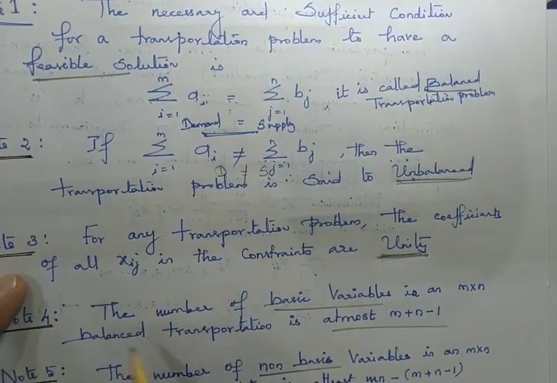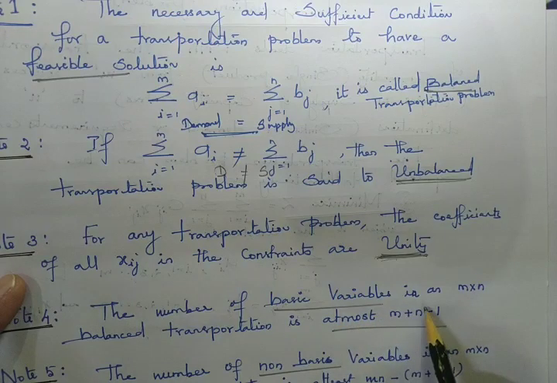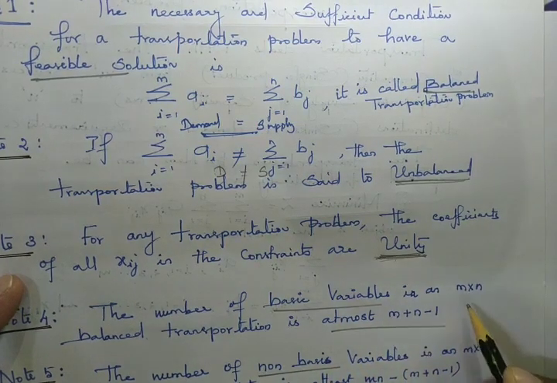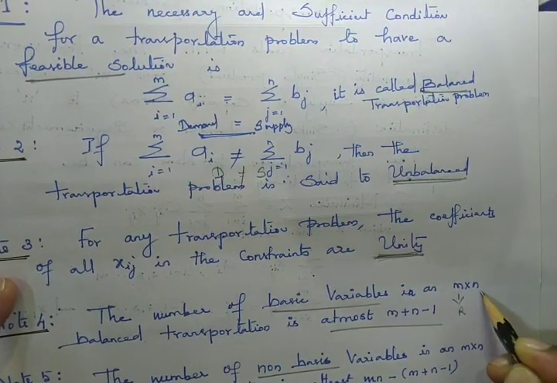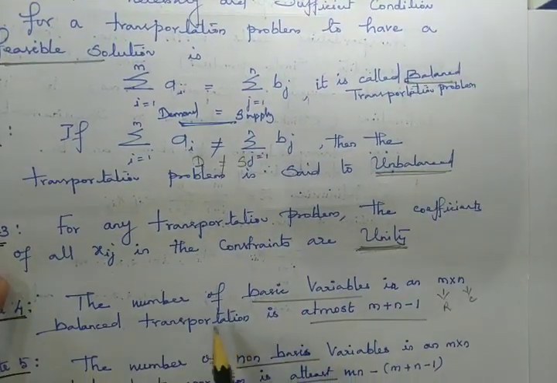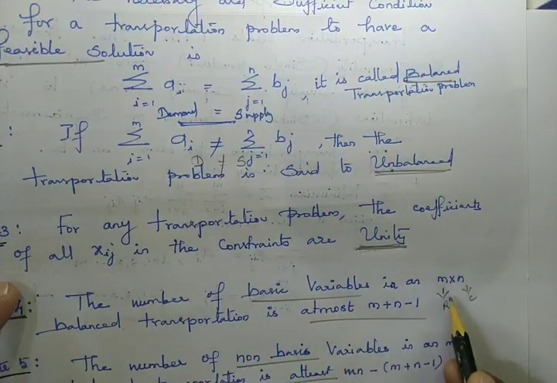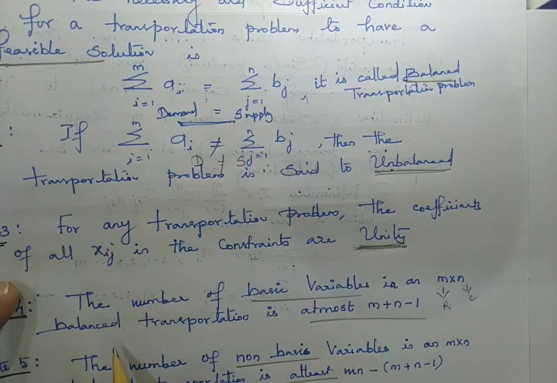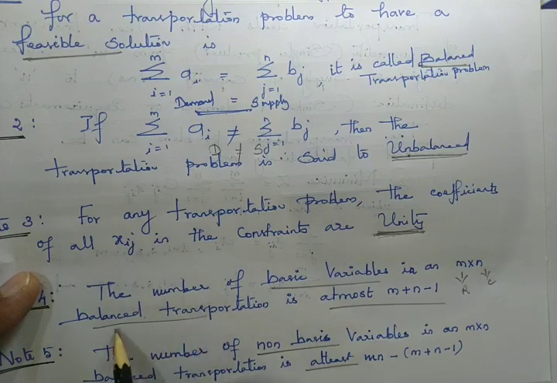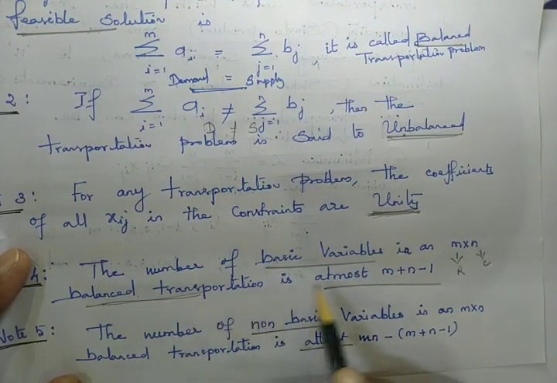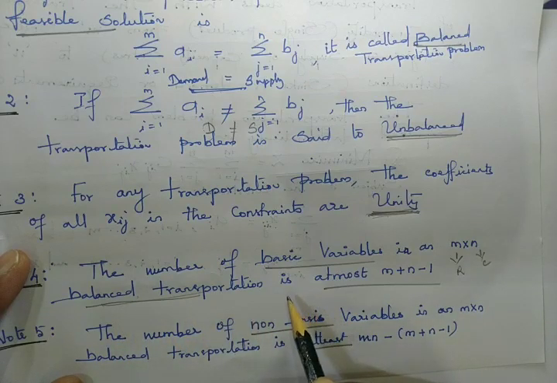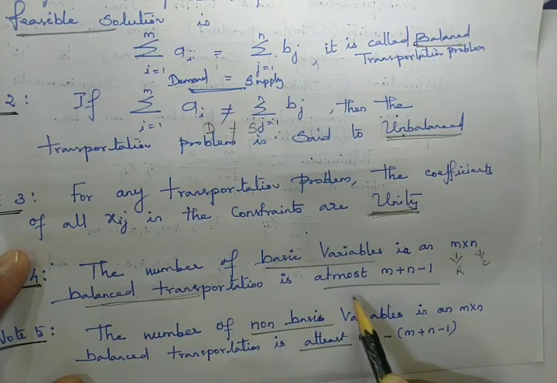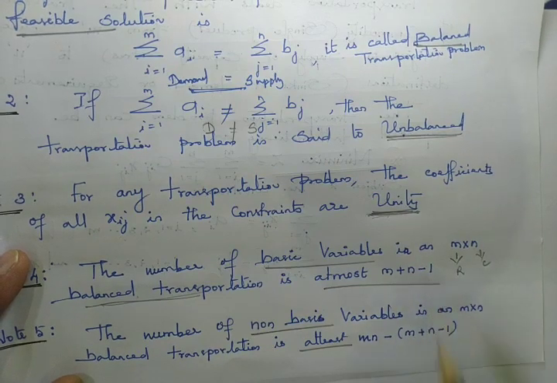And the fourth important one: the number of variables in an m cross n problem. What is m? What is n? m indicates the number of rows and n indicates the number of columns. Now the number of basic variables in an m cross n balanced transportation problem is very important. If it is balanced only, you can find the basic and non-basic variables. The number of basic variables in an m cross n balanced transportation problem is at most m plus n minus 1.